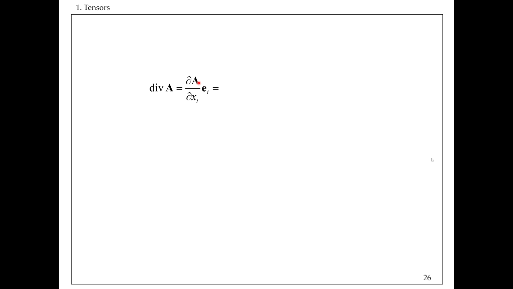So the result of multiplication of a second order tensor with a vector will be a vector. I mention that one more time so we can save on writing the dot here. It's again just a notation.